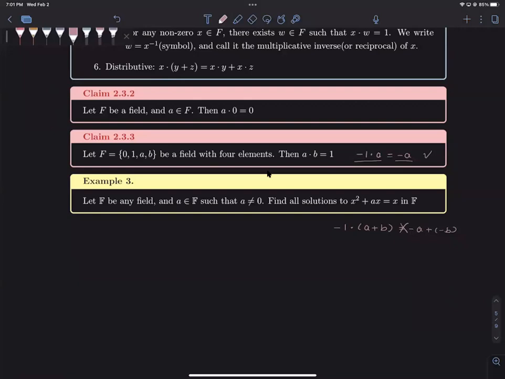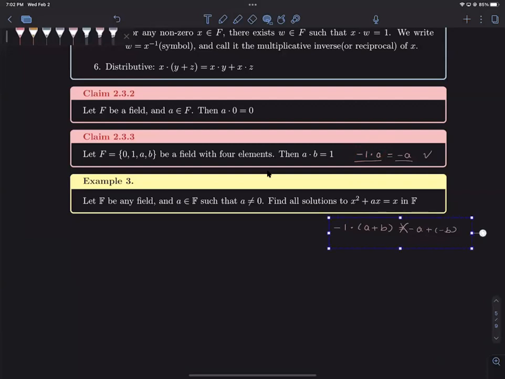This does not mean you can distribute this inner. It's not what it means. It only means this is the additive inverse of A. That's all it means. You cannot distribute it directly.